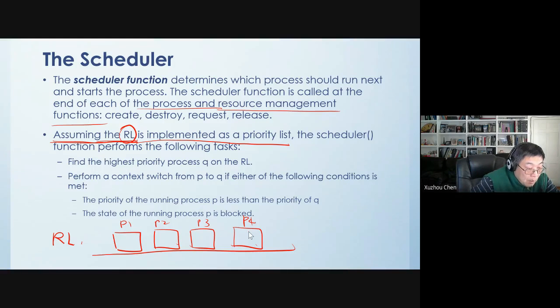Now, if it's implemented as a priority list, then it determines who has the highest priority. Okay, now if process 1 has, let's say, priority 3, process 2 has priority 2, process 3 has priority 4, and this has priority 1. Let's say, suppose priority 1 is the highest, okay, and 4 is the lowest, okay.